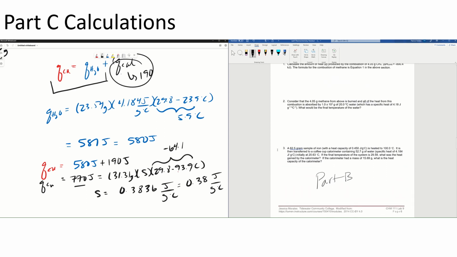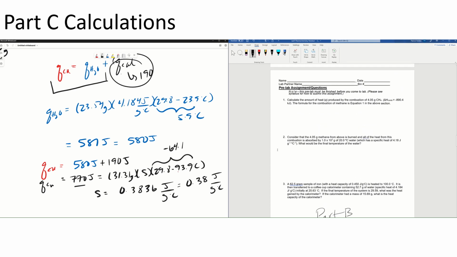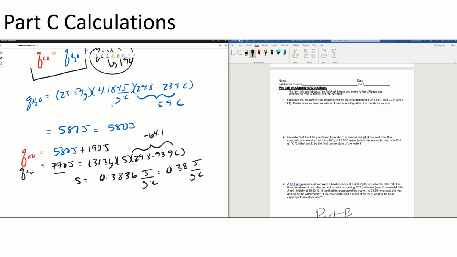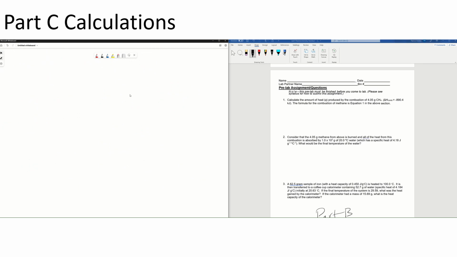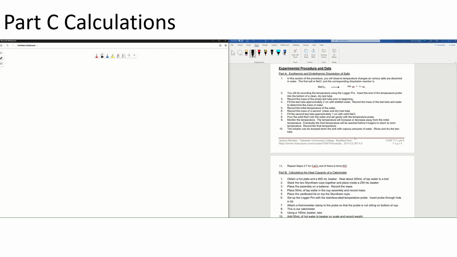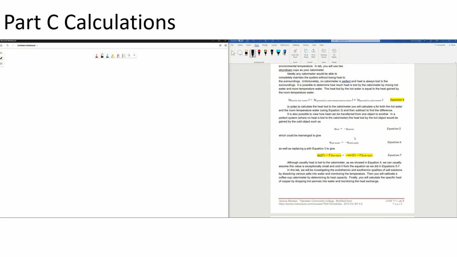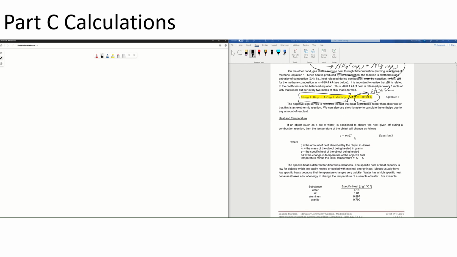And then part 1 takes advantage of your understanding of, instead of molar ratios, now we're doing an energy molar ratio. It tells you to refer to equation 1 up here, which is the combustion of methane that we talked about when we talked about heating our homes. We can see from this reaction that for every 1 mole of methane, there were negative 890.4 kilojoules.